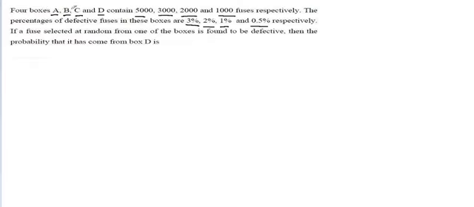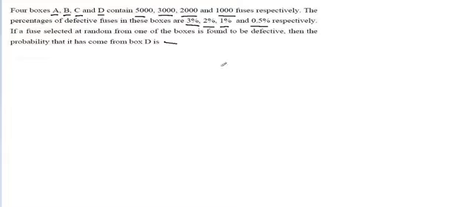If a fuse selected at random from the boxes is found to be defective, then the probability that it has come from box D is dash.